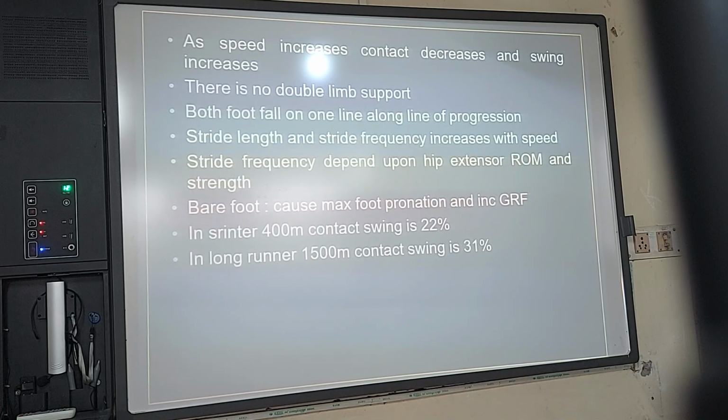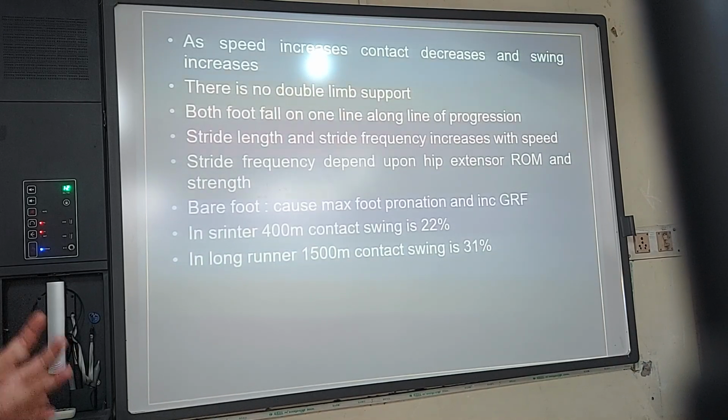What we do is, if the person is a 400-meter runner, then there will be contact swing. What is this contact swing? Contact swing is only 22%. What does this mean?